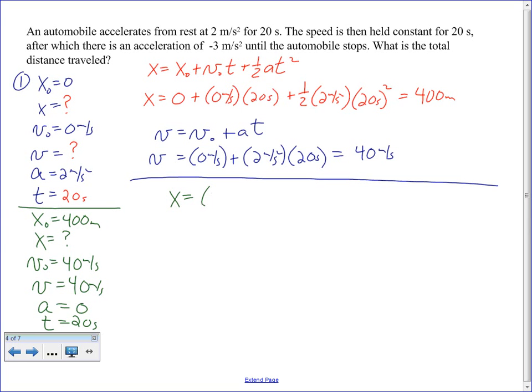It's going to be 400 meters for the starting position plus 40 meters per second times 20 seconds plus 0 because there's no acceleration. This gives me my 1200 meters. It traveled 800 meters and it was already 400 meters along, so now it has traveled a total distance of 1,200 meters.